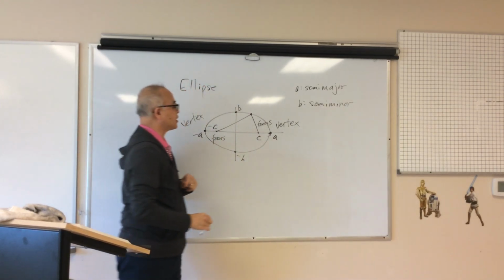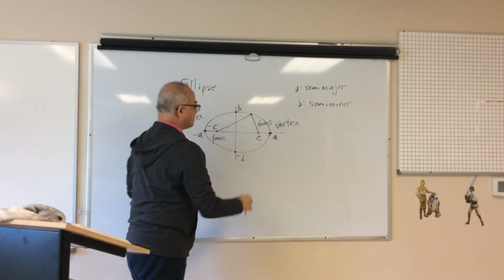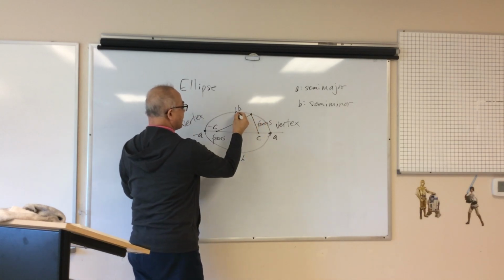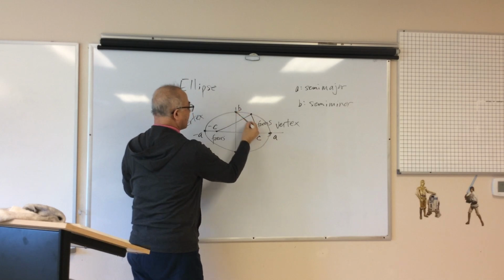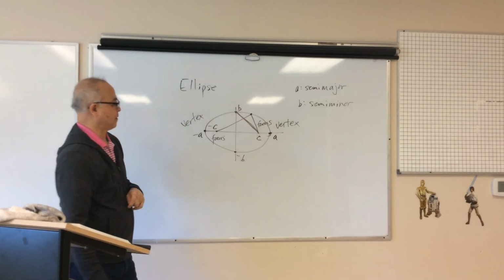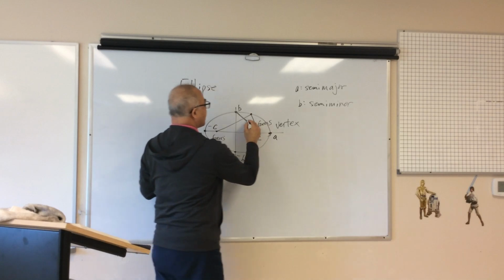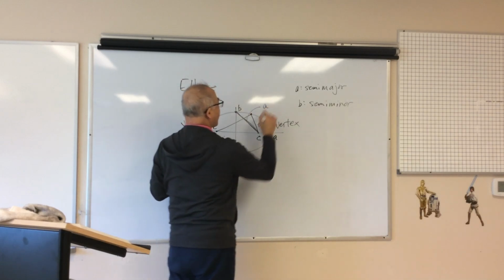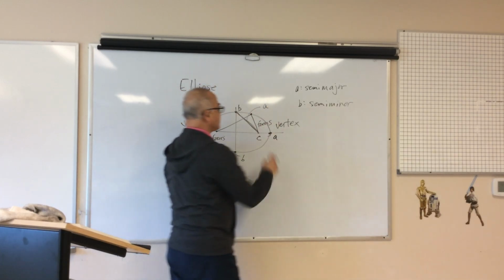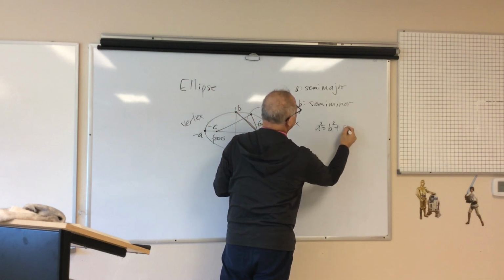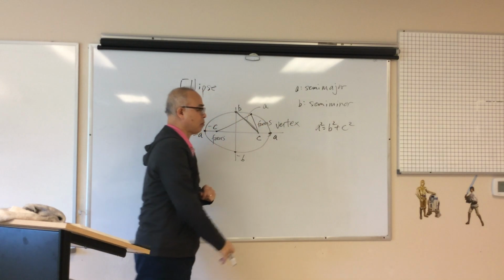As you can see, if I take this and put it over here, then I have a triangle that looks like this, where I have C and B. So this guy here, which just happens to be A, is going to be, so A squared is equal to B squared plus C squared.